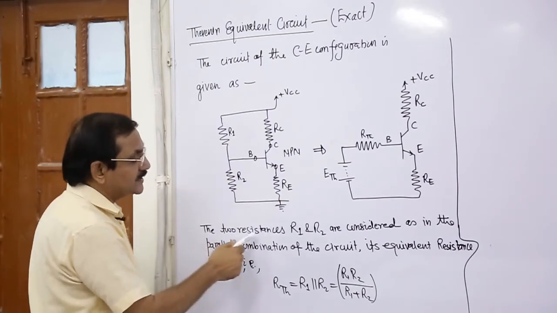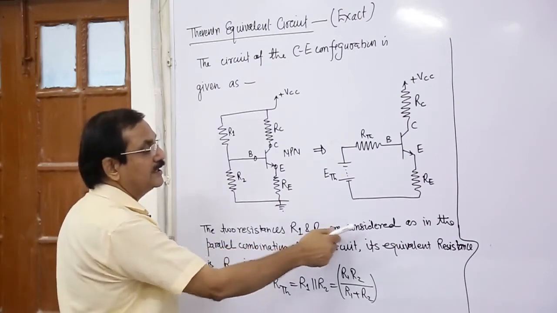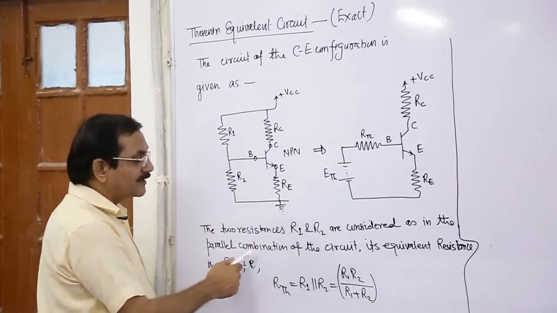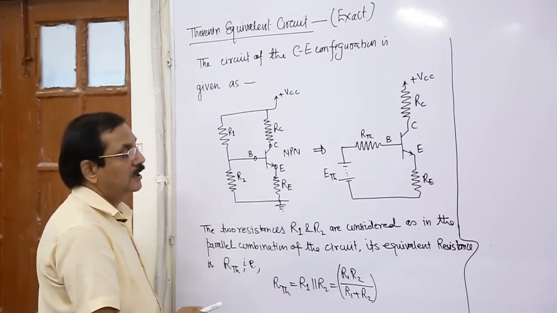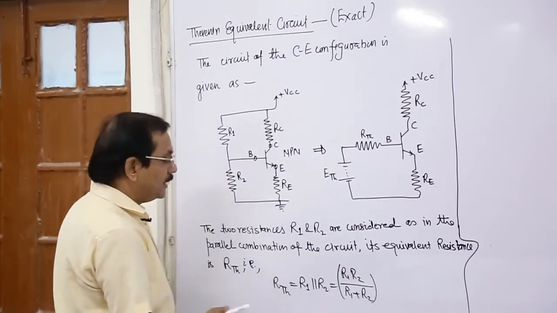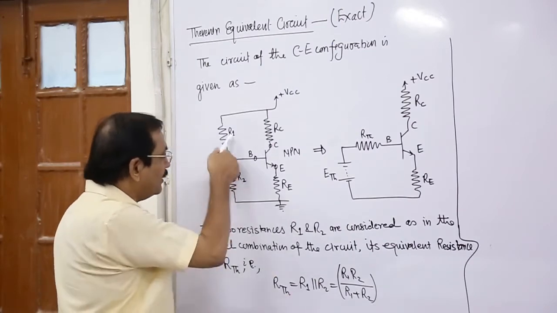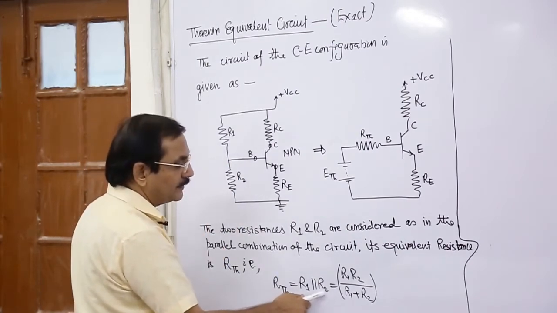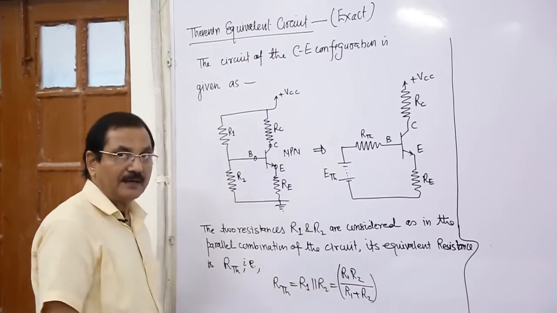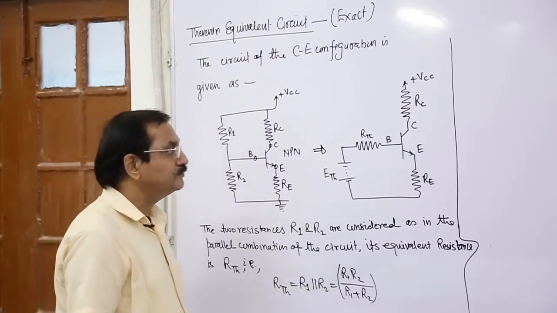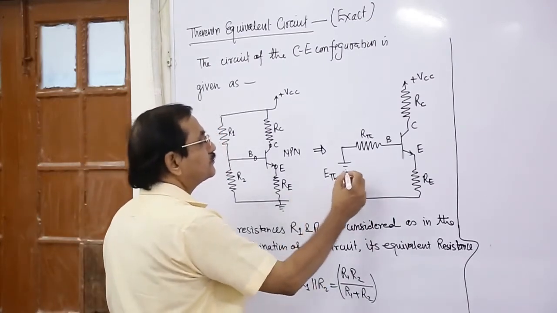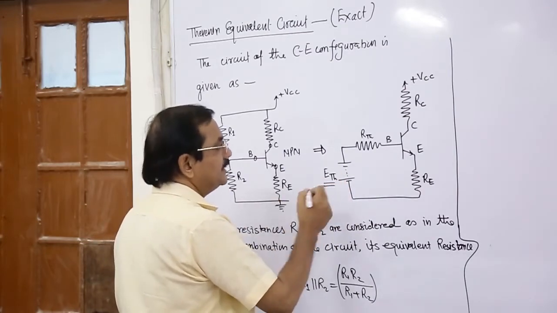The two resistances R1, R2 are considered as a parallel combination. Its equivalent resistance is RTH, where RTH is R1 parallel to R2, that is R1 R2 upon R1 plus R2, and the source is ETH.